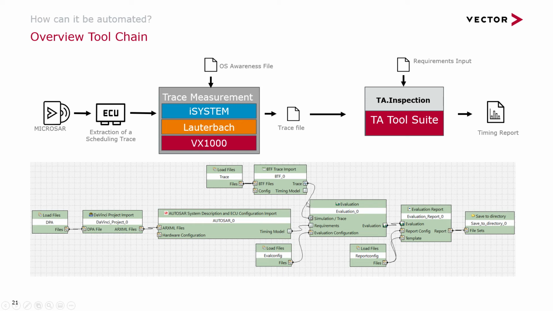So these different steps and the input formats will be used by this workflow, and the workflow will with that automatically be able to combine all this information and in the end provide you only with a timing report that you can then analyze.